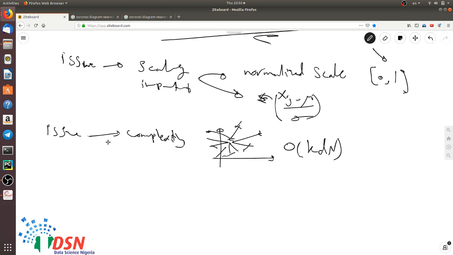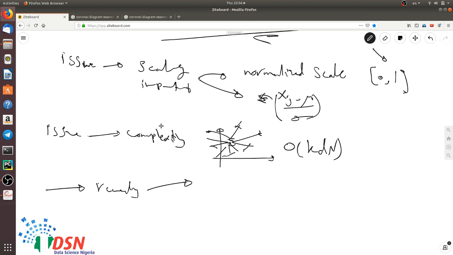Okay, so this actually makes the test time a little hard, and as you could see, the computational complexity is a little hard in here. But there are some remedies for these issues.